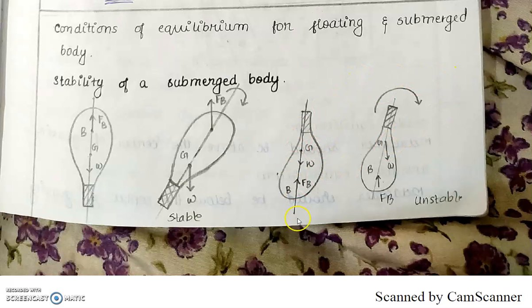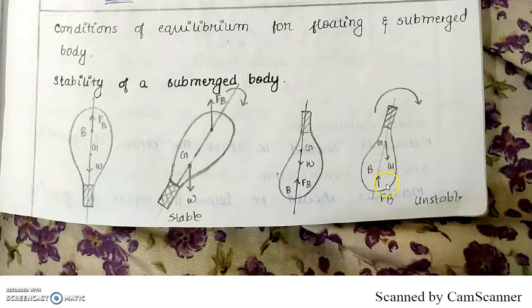So for the unstable equilibrium, what happens here? Suppose the center of buoyancy is here and the center of gravity here, and drawing the corresponding weight and force of buoyancy, that is the forces acting on the center of buoyancy and the center of gravity. Now I have given a tilt.